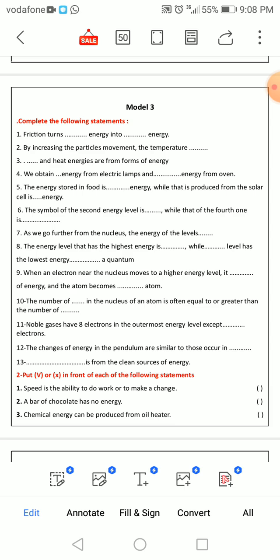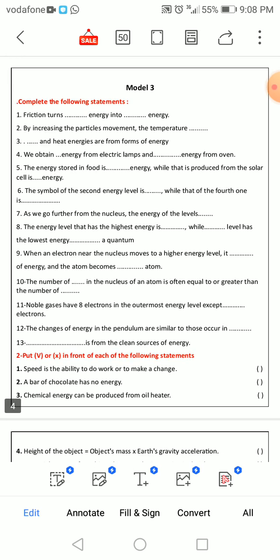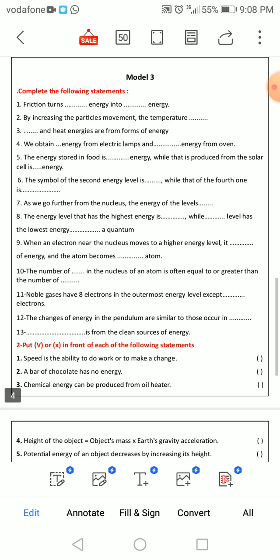Number 6, the symbol of the second energy level is L, while that of the fourth one is N. As we go farther from the nucleus, the energy of levels increases. Number 8, the energy level that has the highest energy is Q, while K level has the lowest energy, so it's gain or lose a quantum.